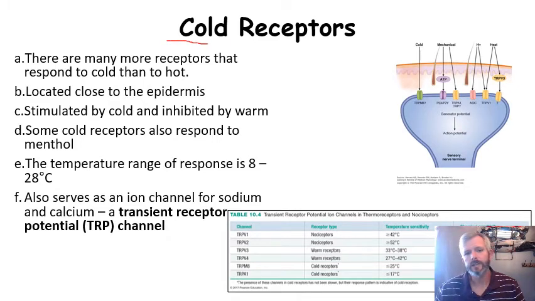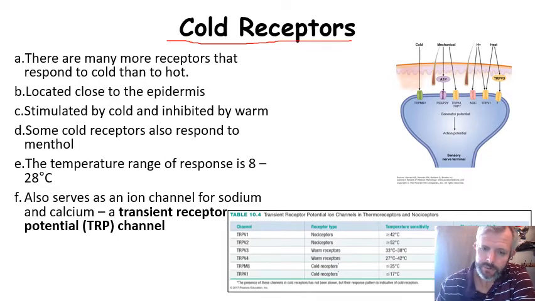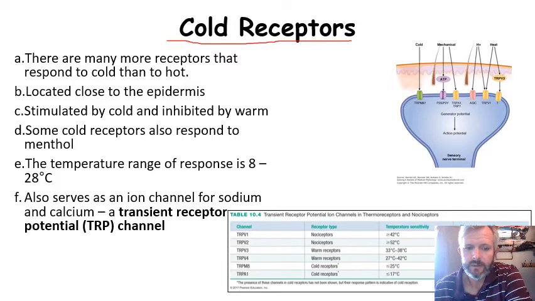Here's a closer look at the cold receptors. Those are the free nerve endings. One receptor type I'd like you to recognize here are these transient receptor potential channels. They are channels for ions, for sodium and for calcium.